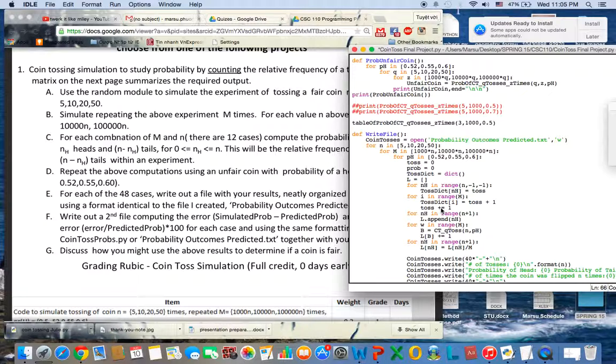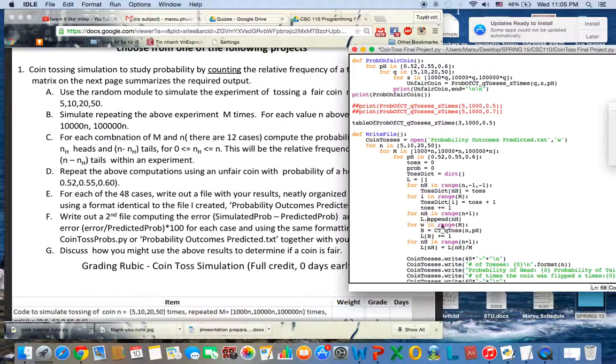So toes equals toes plus 1, and the next one toes is going to be 1 instead of 0. And for an edge in range, if you have 5, so range of 1 to 5 plus 1, which means 1 to 5. So we append it to L.